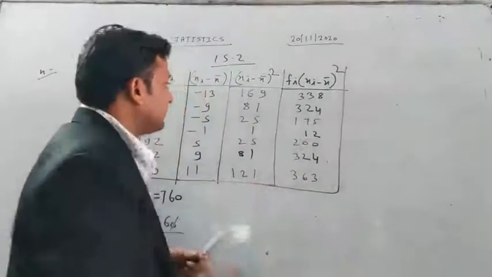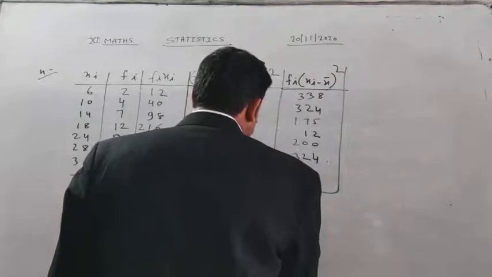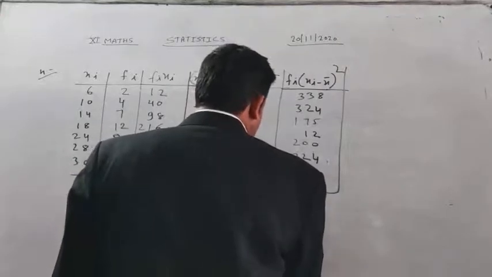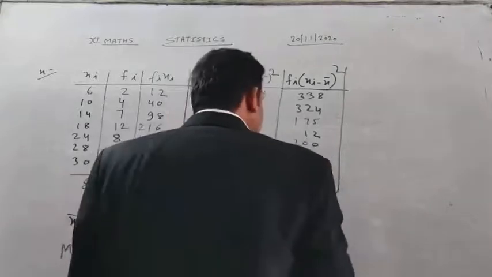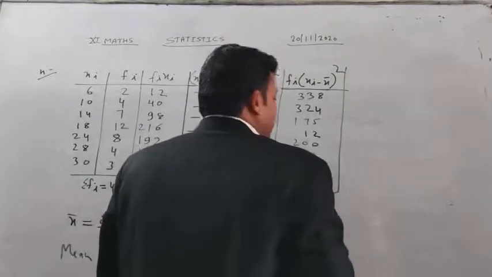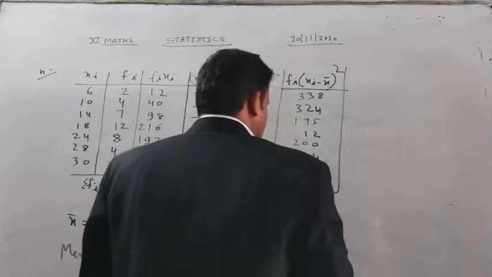We will find the addition of this, and we get summation fi xi minus x bar whole square equal to what? 3 and 4 is 7, 7 and 2 is 9, 9 and 5 is 14, 14 and 4 is 18, 18 and 8 is 26.